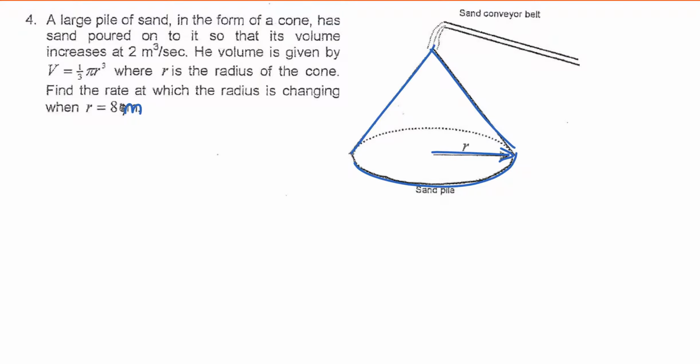Okay. Now inside this information, what do we have? What are we given inside those words? We are given the rate at which the volume changes with respect to time. That is 2, isn't it? Okay. What do we want to find?